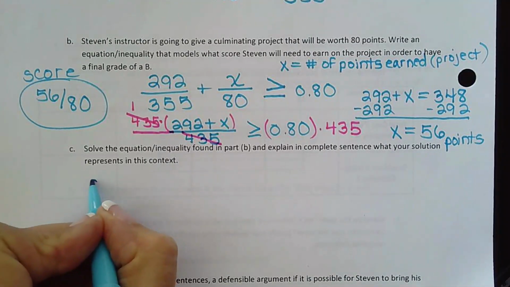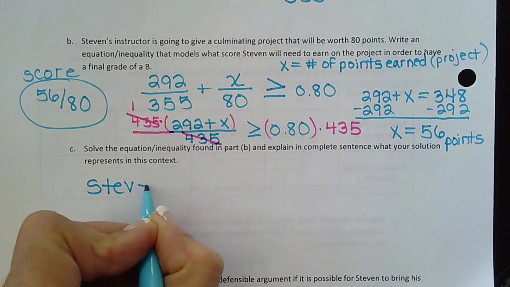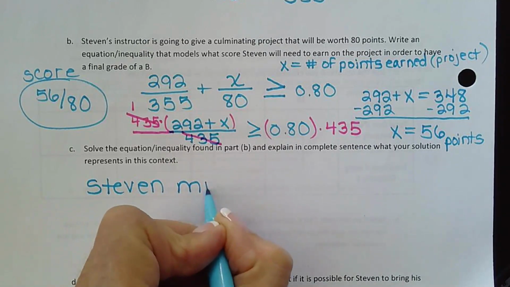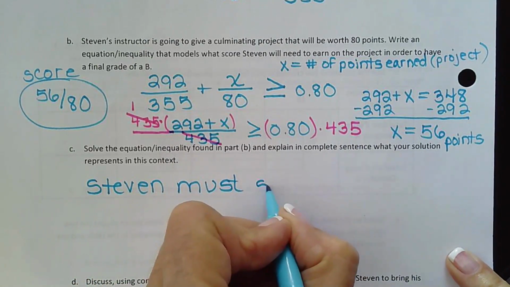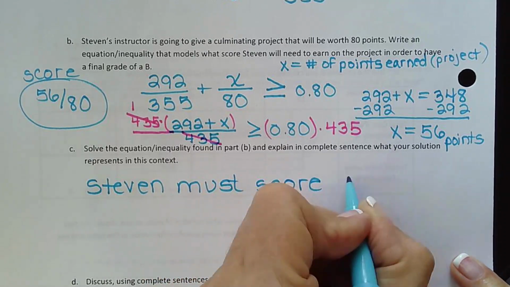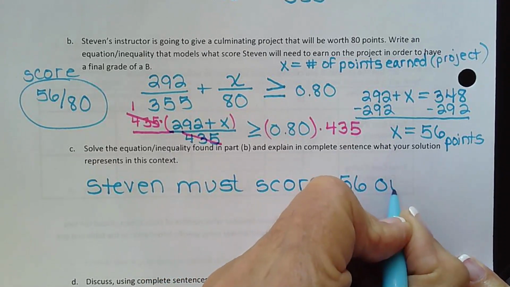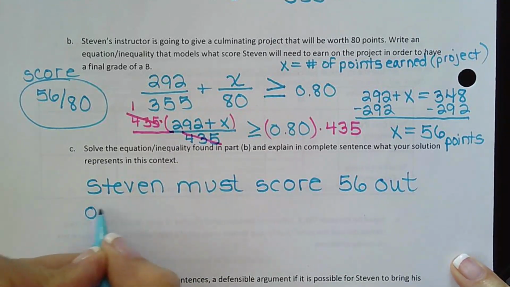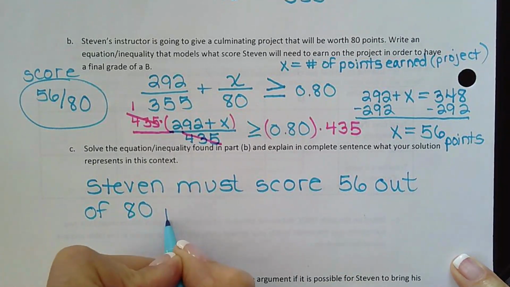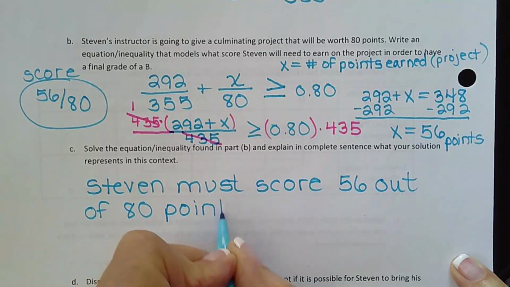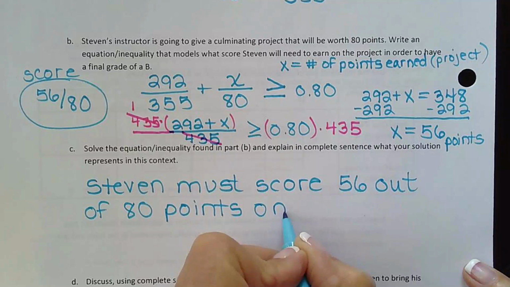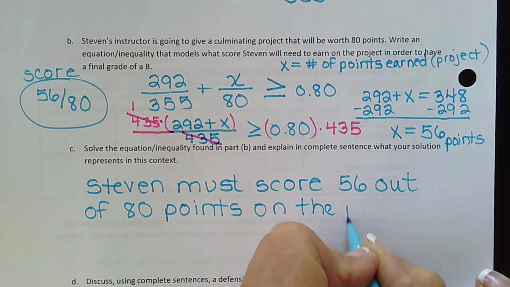So Stephen must score 56 out of 80 points on the project to keep a B in the class.